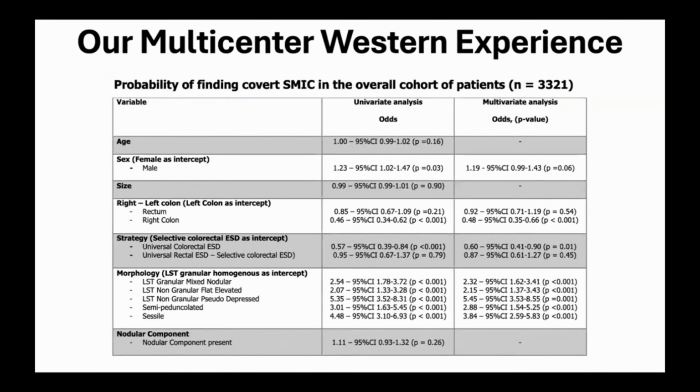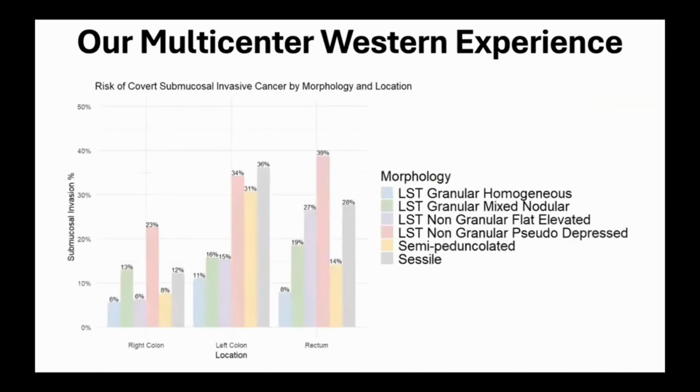And in addition to that, of course, LSD non-granular pseudodepressed lesions have a risk of invasion between 23 and 40%. The LSD non-granular flat elevated have a risk of invasion that goes from 6% to 27%.